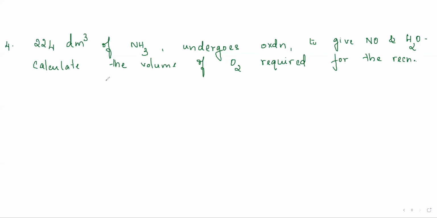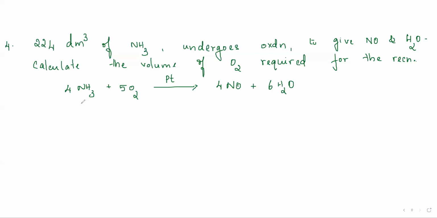Okay, so 224 dm cube of ammonia undergoes oxidation. So the equation is 4NH3 plus 5O2, in presence of platinum, gives us 4NO plus 6H2O.